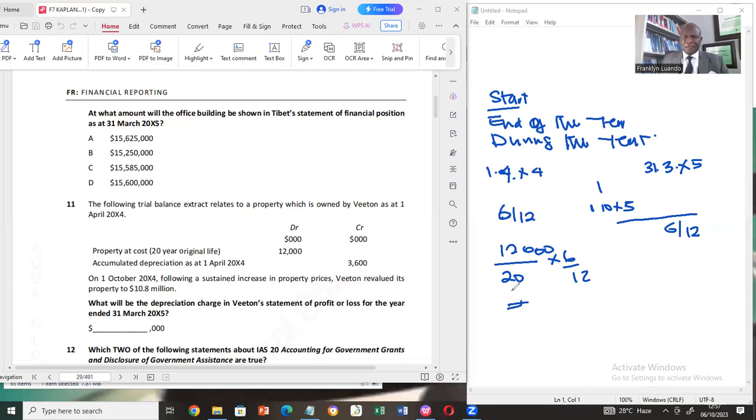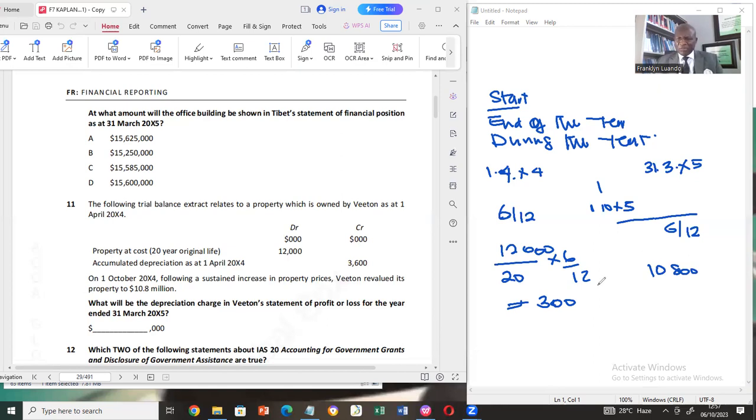So we have 12,000 divided by 20, multiplied by 6/12, which is 300. Now the revalued amount is 10,800, so we use the remaining number of years.